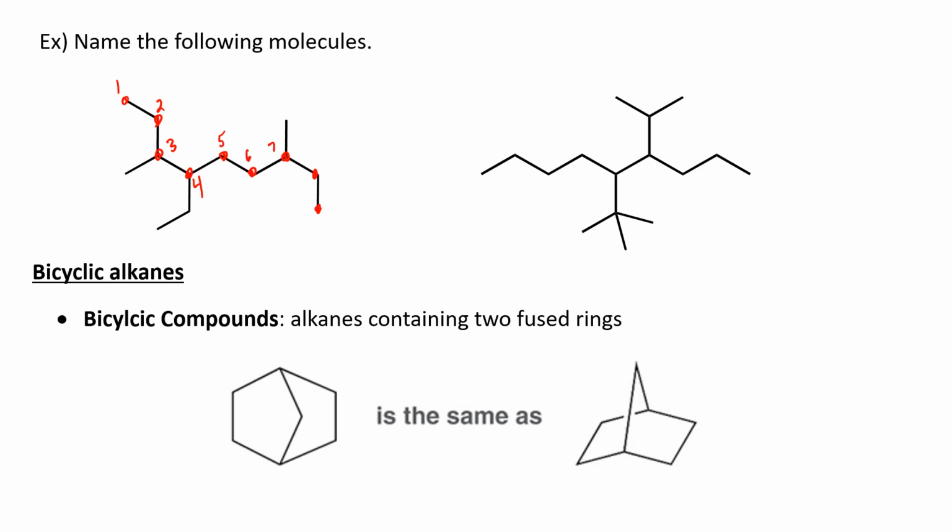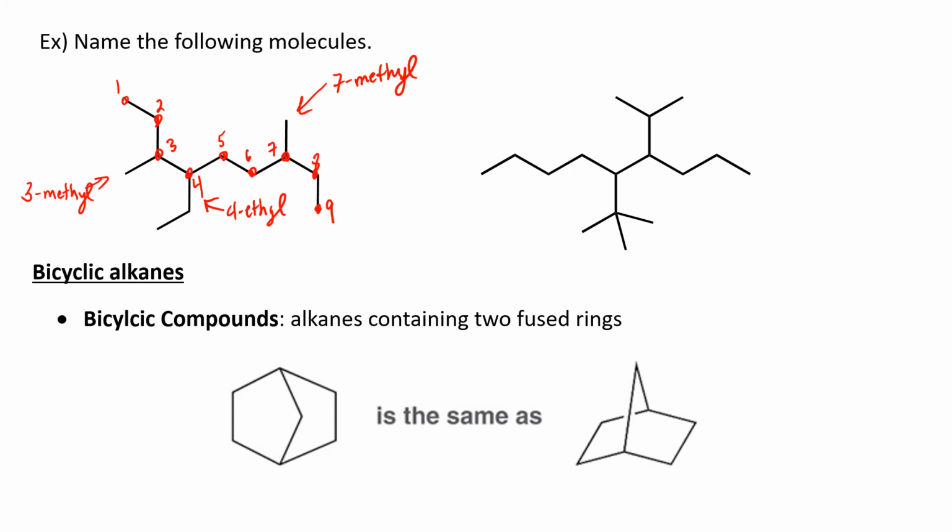5, 6, 7, 8, 9 carbons. I've got a 7-methyl. I have a 4-ethyl, and a 3-methyl.